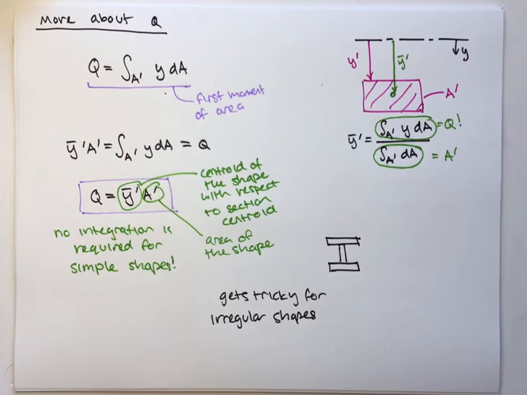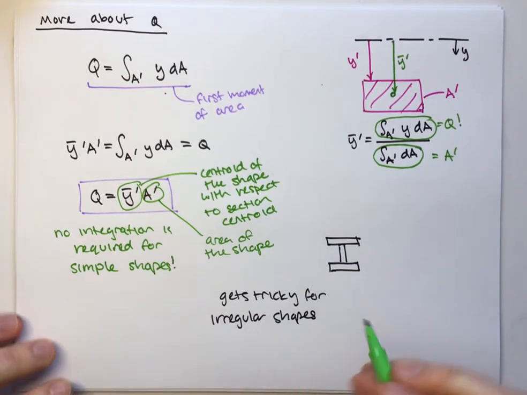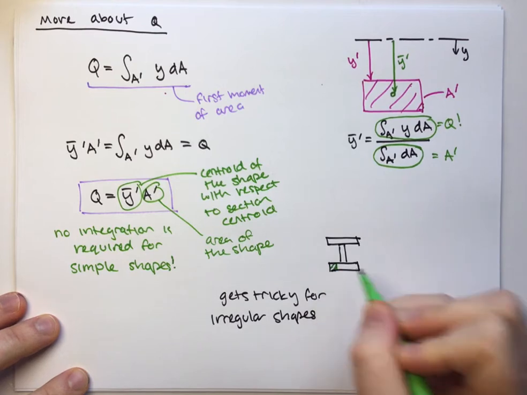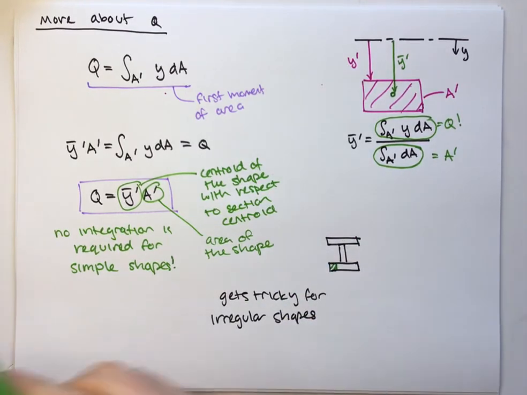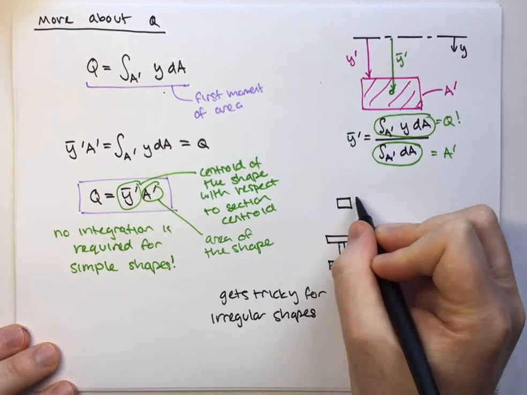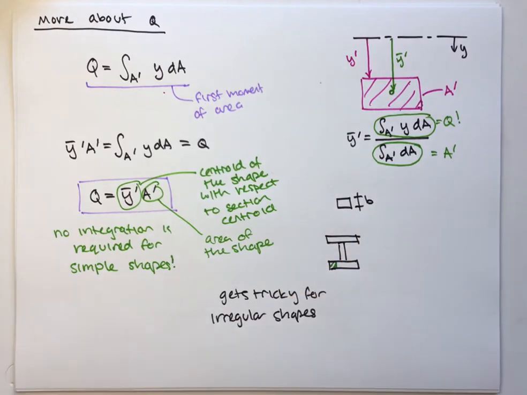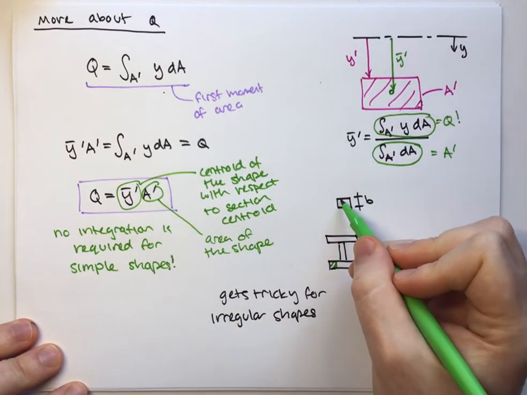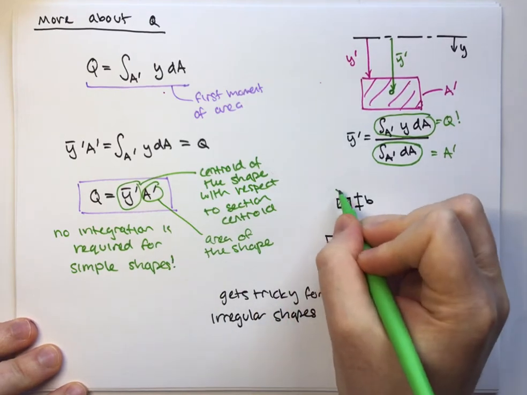So now you might have Q as a couple different parts. You might think about this little bit here, which would give you a picture that looks something like this. And in that case, you'd want to use B as the thickness of that bottom flange, and this would be A prime.